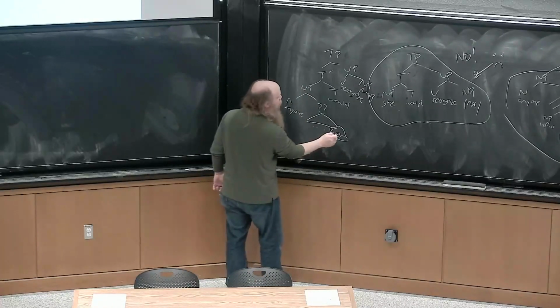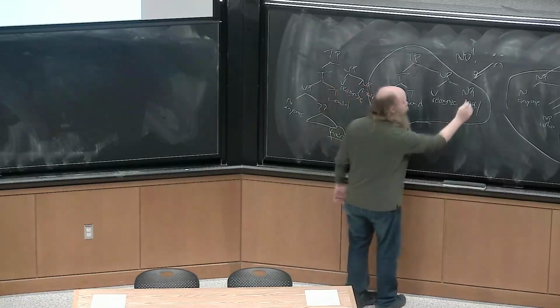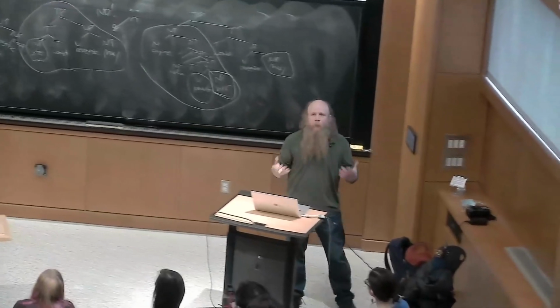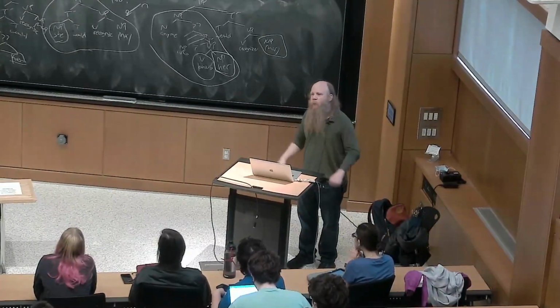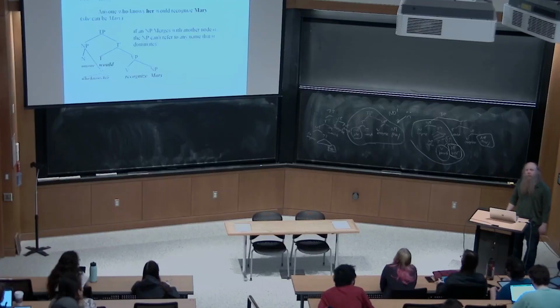So we want this her to be able to refer to Mary, but we want this she not to be able to refer to Mary. That's part of an argument anyway, that you should buy the kinds of trees, do the merges in the order that I wanted you to do them in.